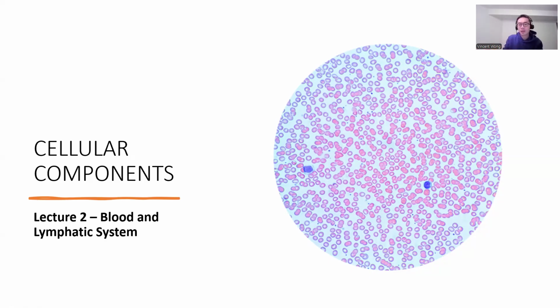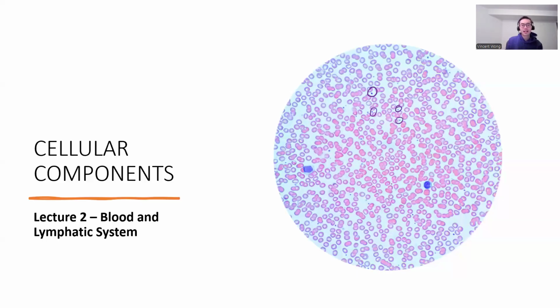Otherwise, everything is colorless, and you can't really tell what's what. So these are red cells, the pink ones, and then the purple ones you can see are not very common, right? Those are my white cells. And if you squint a little bit, you see these little purple dots, very small. Those are the platelets.